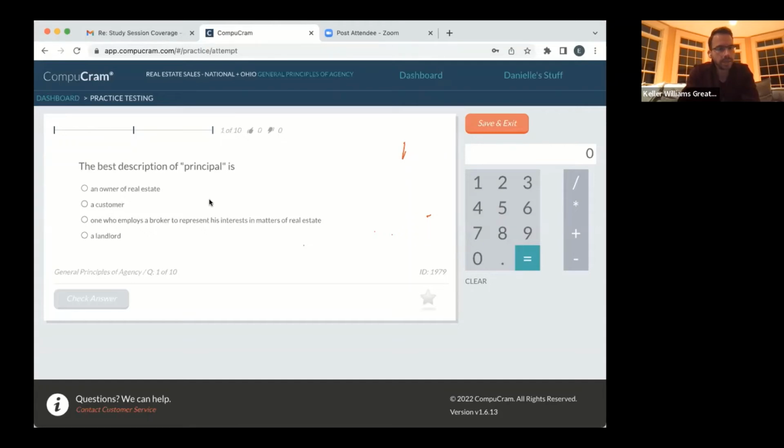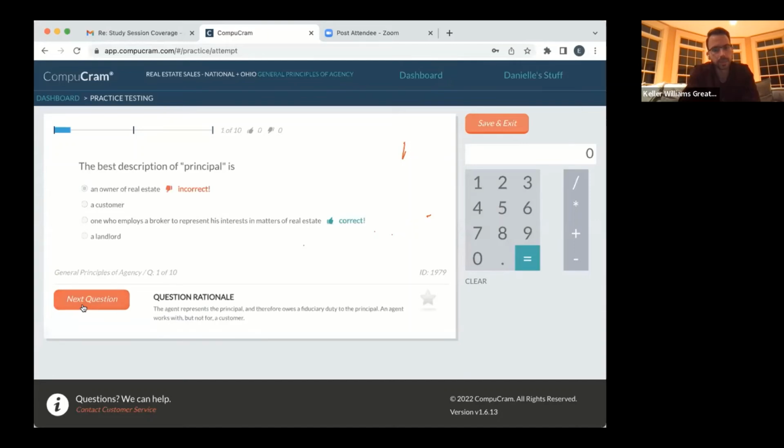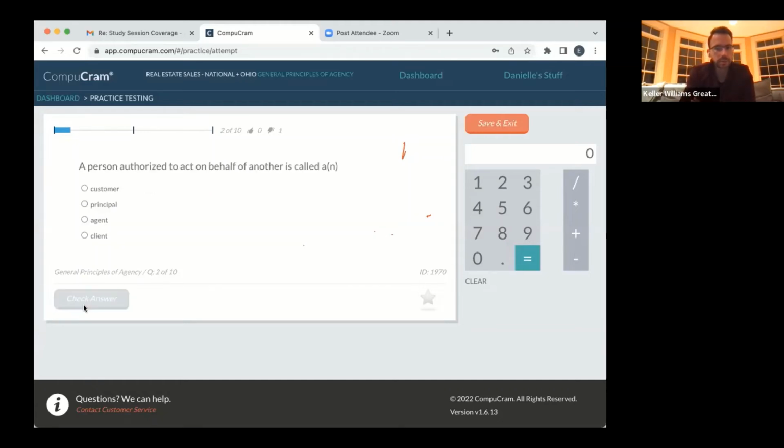C is correct. One who employs a broker to represent his interest in matters of real estate. If we read the bottom, the agent represents the principal, therefore owes fiduciary duty to the principal. An agent works with, but not for, a customer.